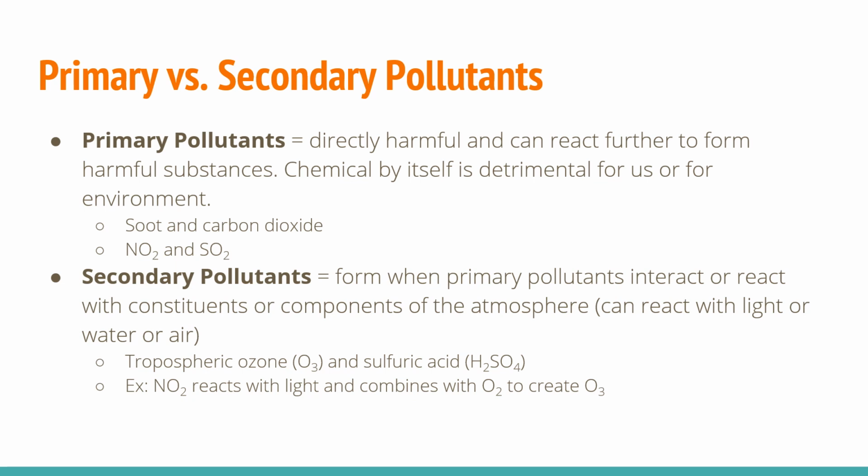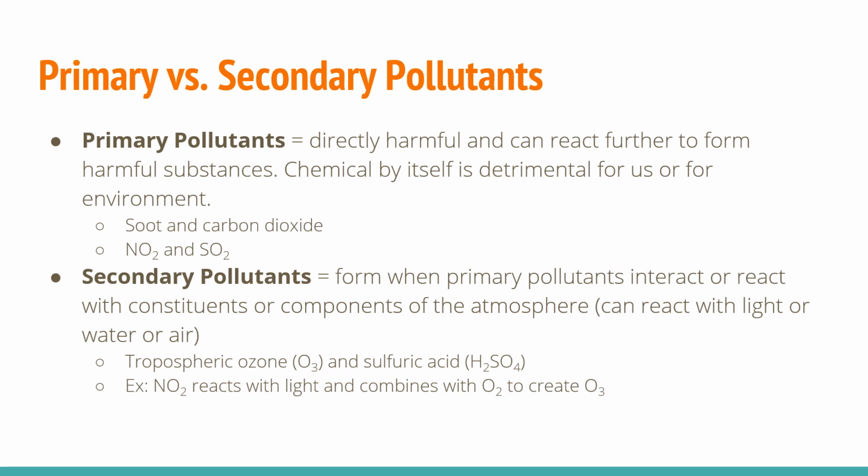Secondary pollutants form when your primary pollutants have some type of chemical reaction with some other chemical in the atmosphere. Usually the primary pollutants will react with light, with water, or with air to form that secondary pollutant.